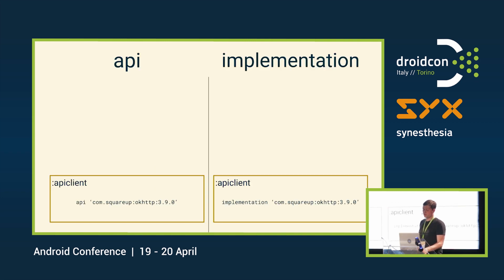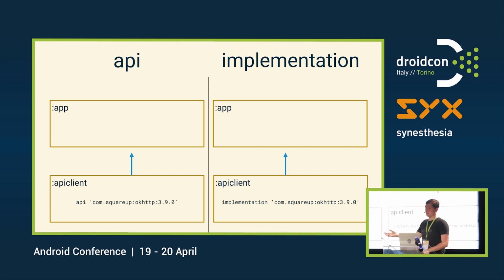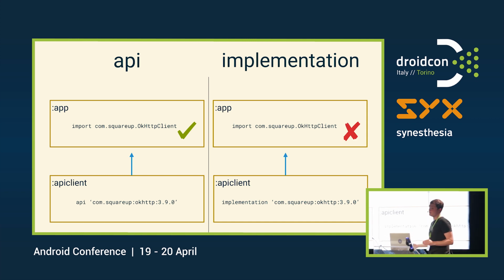So to further showcase this, if we have our API client and we use OkHttp, if we define it as API on the left and as implementation on the right, if we use this API client in our application and we want to import the OkHttp client, if we define it as an API dependency, we can use it. We can use OkHttp client, no problem. On the right side, if we use an implementation dependency, we cannot use OkHttp directly, and that way you can really nicely abstract away some dependencies that you might not need to share all over the code base.